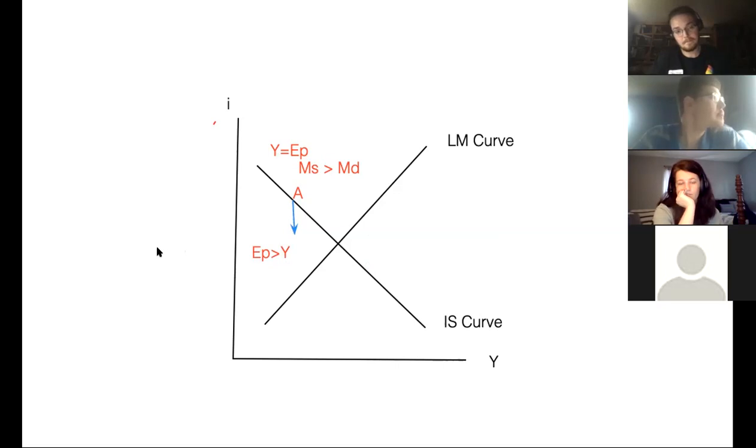Passing the baton to Matthew with two M's. Matthew, if EP is greater than Y, does GDP stay where it is? No. What's happening to business inventories here?